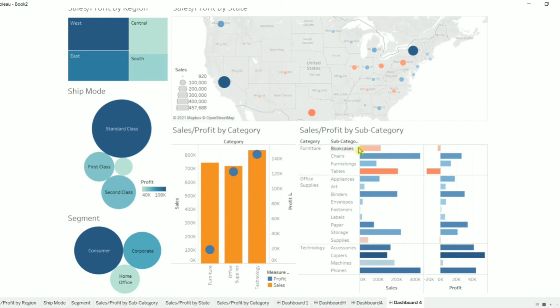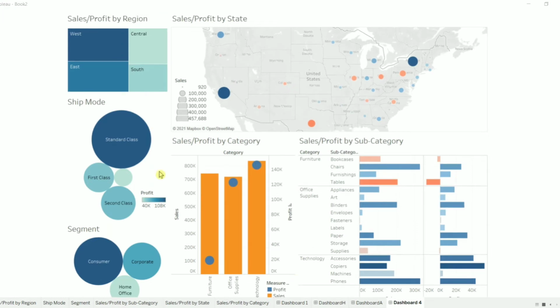Moving to Furniture, two subcategories of four, which is almost half, are into negatives of profit. As a business manager, I would be more interested in this area so as to analyze and investigate more about it. To dive deeper into our analysis, let's inspect the performance region-wise.